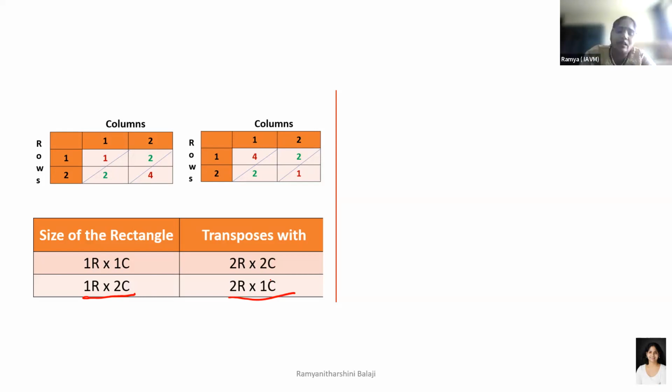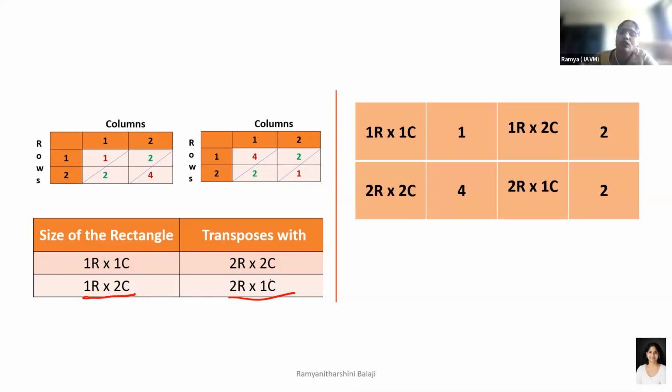This gave me some idea further. I saw that 1 row into 1 column is transposing with 2 row into 2 column. When I looked into the total of the row and the column, I was just adding them. 1 row and 2 row was giving me 3 rows, and 1 column and 2 column was giving me 3 again.